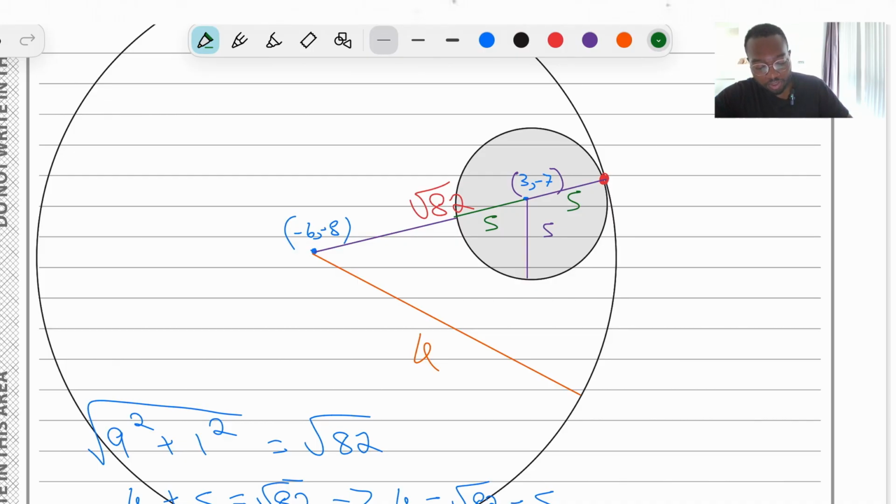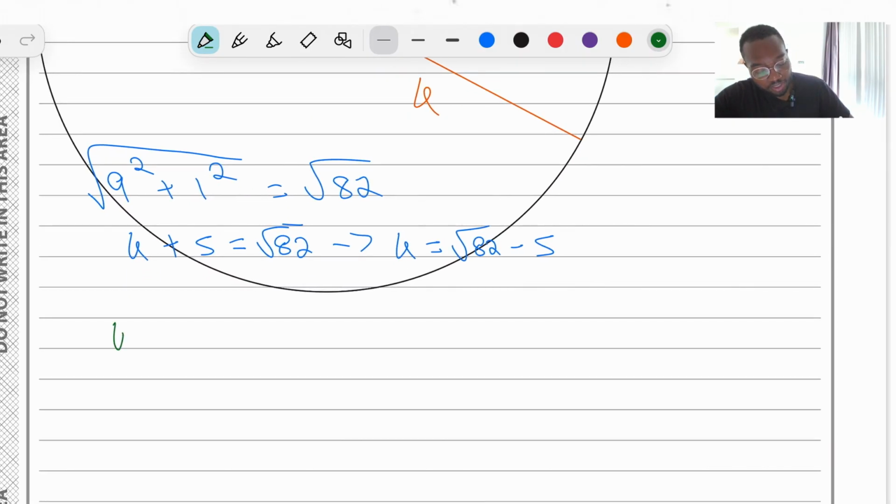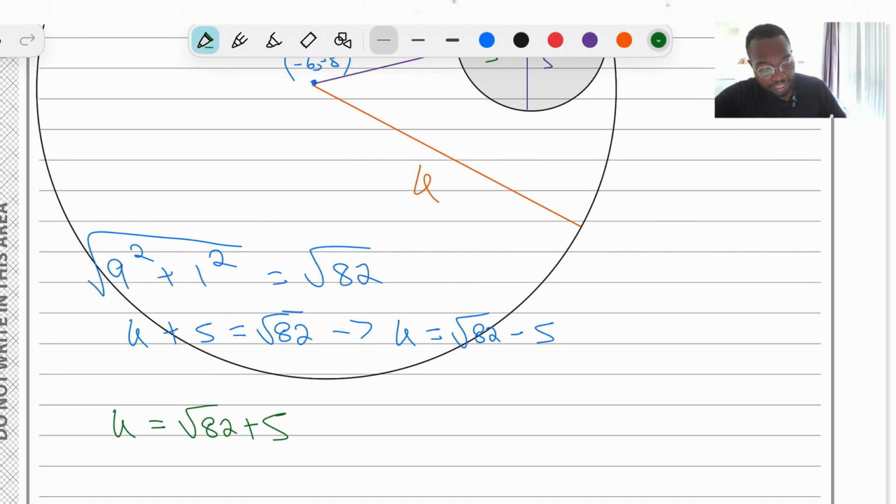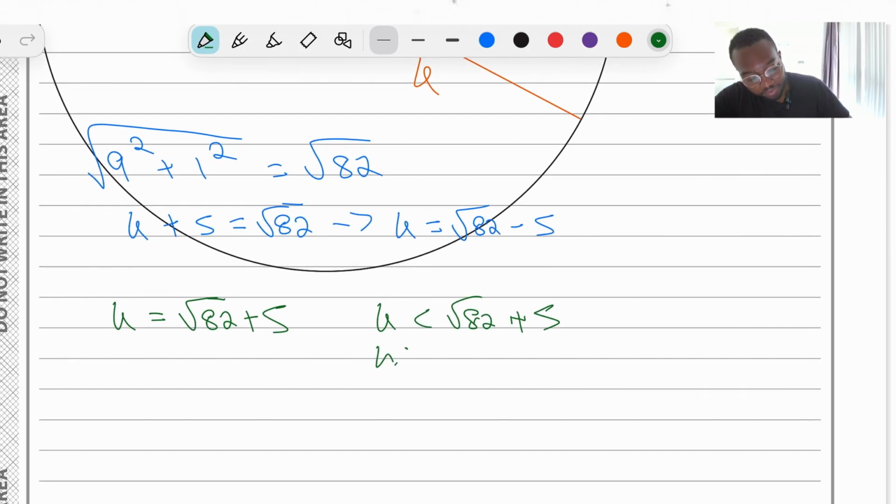So now k would be root 82 plus 5. So k has to be less than root 82 plus 5, but k also has to be greater than root 82 minus 5.